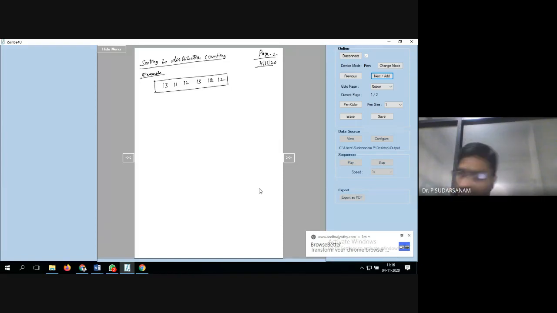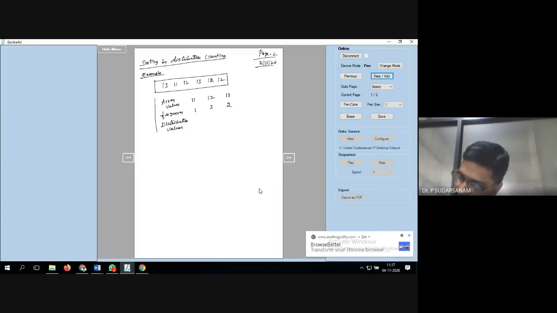The array values are 11, 12, 13. Frequencies are 1, 3, 2. Distribution values are 1, 4, 6.